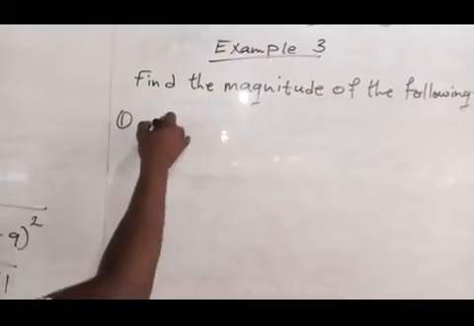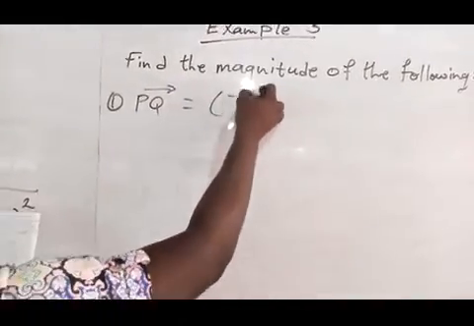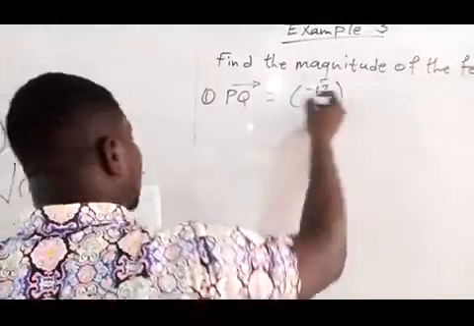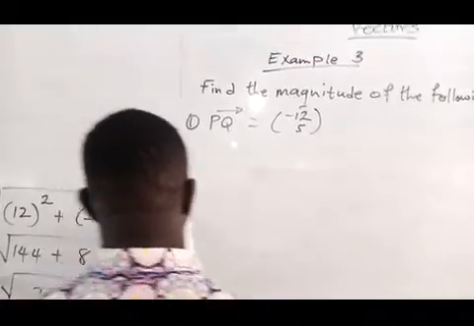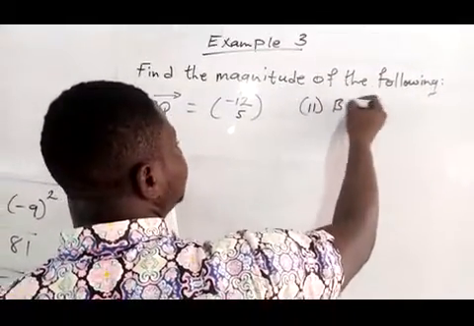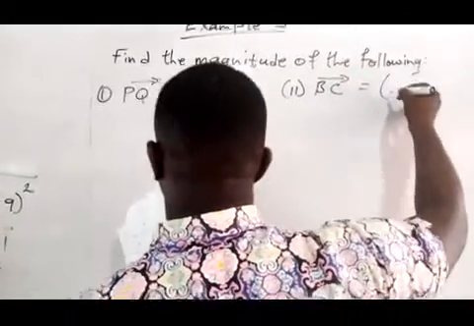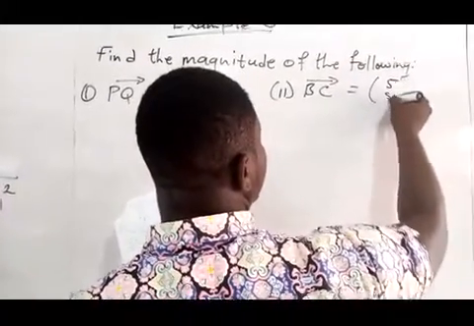I. You have PQ to be minus 12, 5. And then you have BC to be 5, 8.